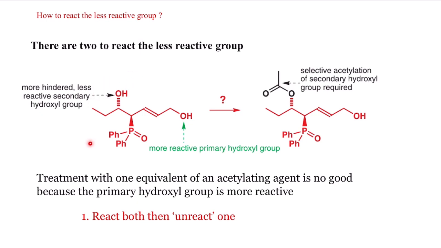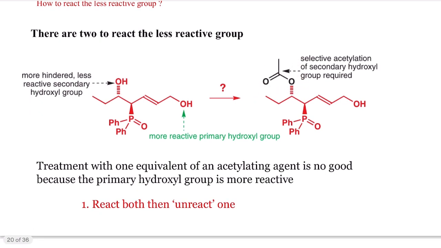If you look at this compound, this one is a secondary hydroxy, which is more hindered and less reactive, and the other one is the more reactive primary hydroxy group. But the desired product is the acetylation of the secondary hydroxy group.